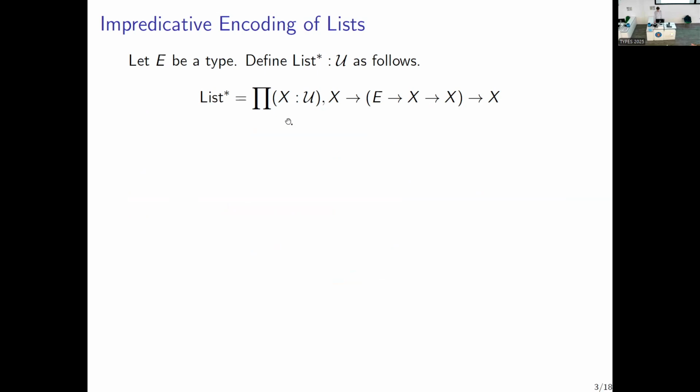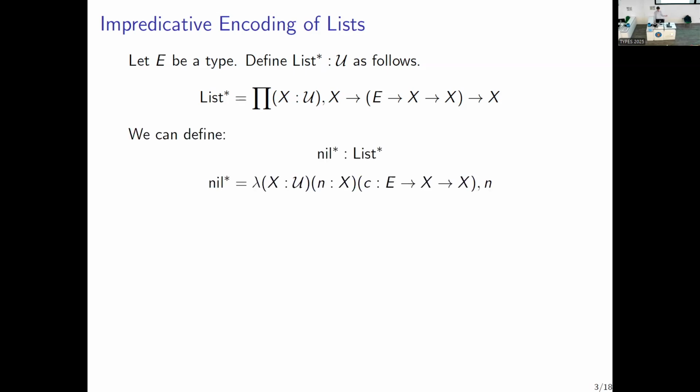So we take this whole pi type, where we basically write down the recursion principle of list, and we quantify over U, and this gives us an impredicative encoding of list. And basically we have the things that you would expect, because we can define nil, because for nil we need to make some weird function, and we can do that because we have this argument n.